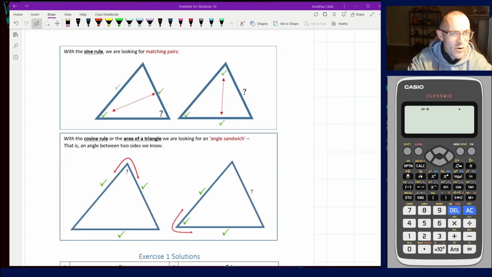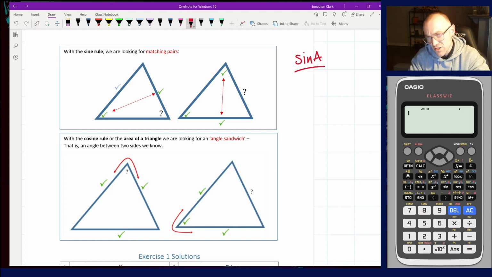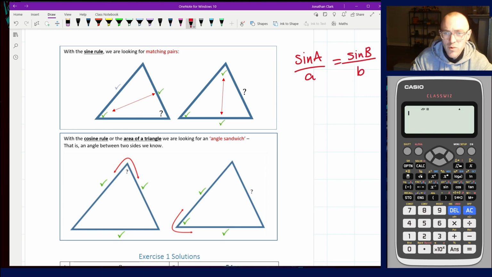So that's a bit of an overview of these two rules and deciding when to use them. I'll very quickly write down the formula for the sine rule. We use the sine rule when we know 3 out of these 4 things, and we're going to try and find that 4th thing. If I highlight 3 of these things, by necessity I'm going to have to highlight everything on one side of the formula, which means that I need to know a side and its opposite angle in order to use the sine rule.